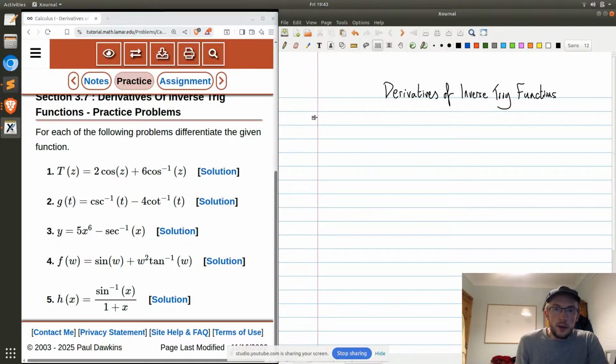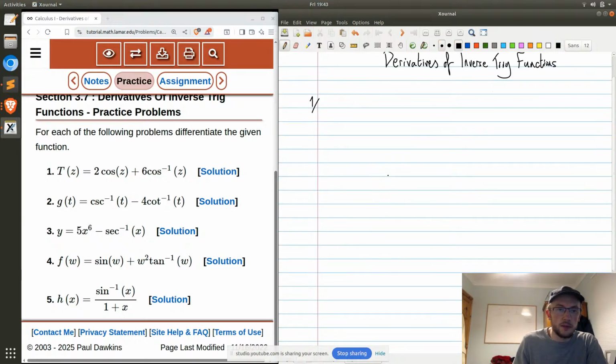There's only five here, and hopefully there will be more when we get into the chain rule. So if t of z is 2 cosine of z plus 6 arc cosine of z, what's the derivative?